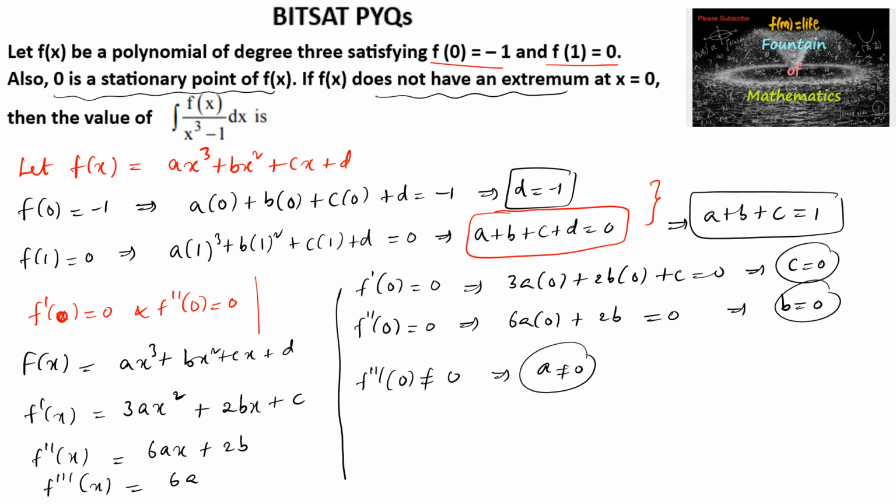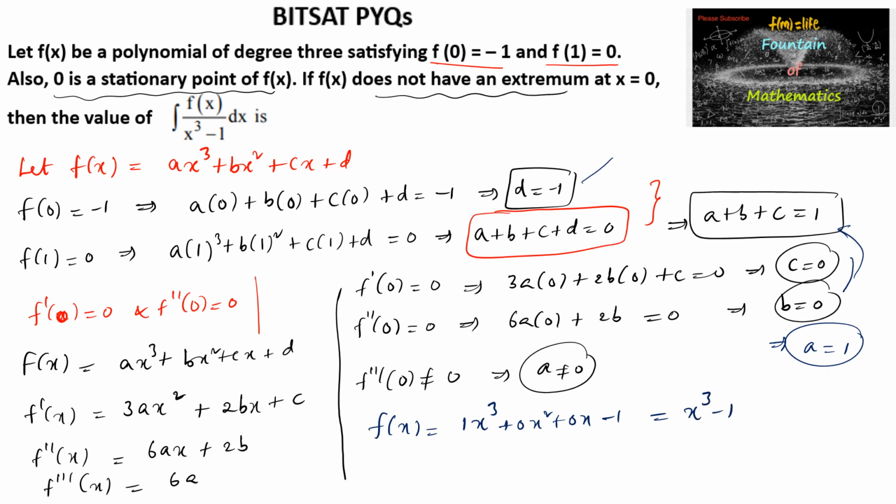Now substituting b is equal to 0 and c is equal to 0 here, we get a is equal to 1. So a is 1, d is negative 1, and the rest of the terms are 0. Therefore f(x) is equal to 1·x³ plus 0·x² plus 0·x minus 1, which is x³ minus 1.